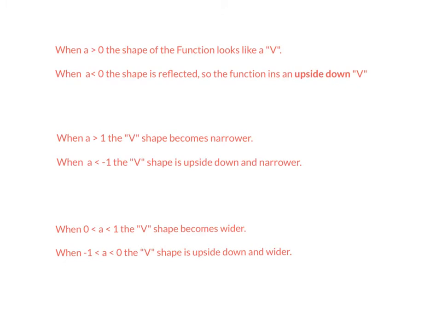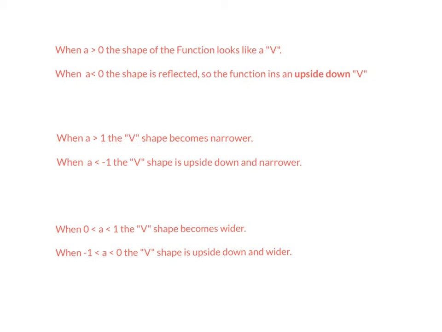So because of all that, we can say a couple general things about what A is doing. And don't get mixed up just because I'm using these inequalities. All this is saying is when A is a positive number, the shape of the absolute value function looks like a V. When A is negative, it's upside down. And that's just what we showed in the last couple slides. When A is 1 and above, the V shape becomes more narrow.